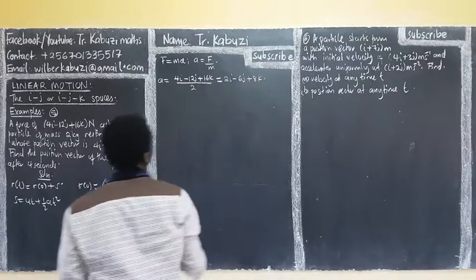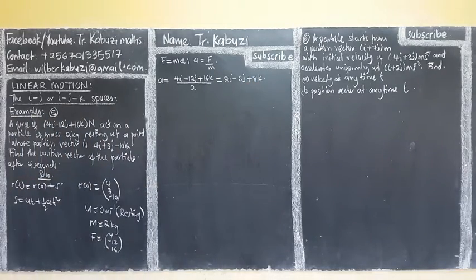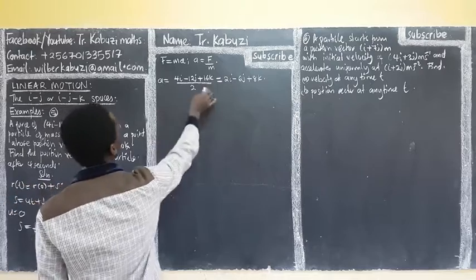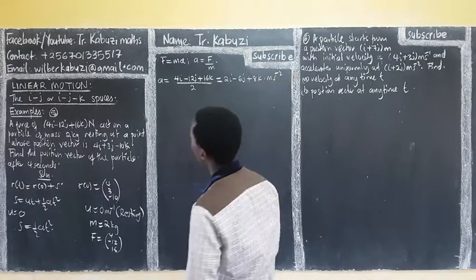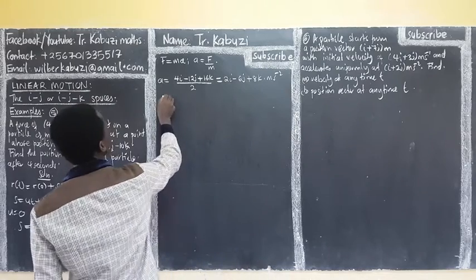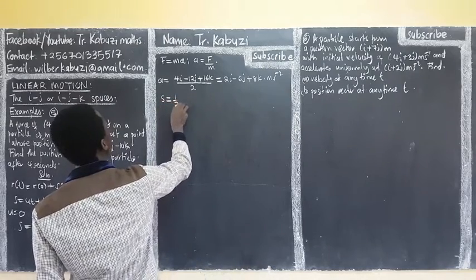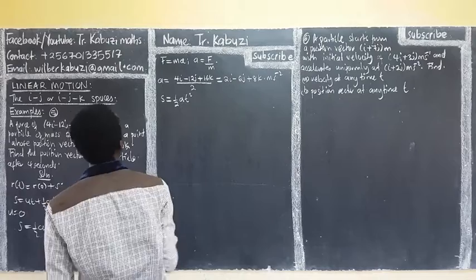So that's going to be our acceleration, in meters per second squared. As simple as that. Because our u is 0, our s is going to be half a t squared.